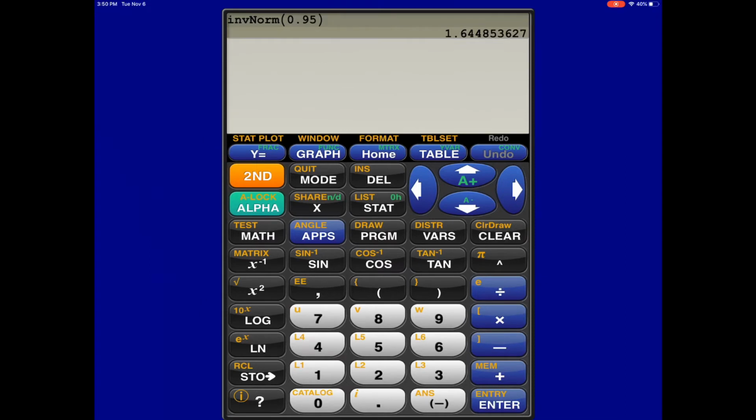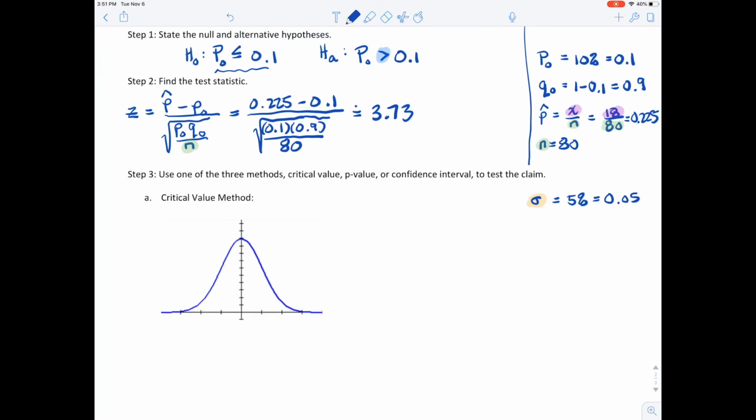This is going to be 1.645. Okay, so remember, this is our z-scale, right? We're dealing with the standardized values, so this is 0, 1, 2, 3, -1, -2, -3. Our boundary value is 1.645. That's going to take us about here.